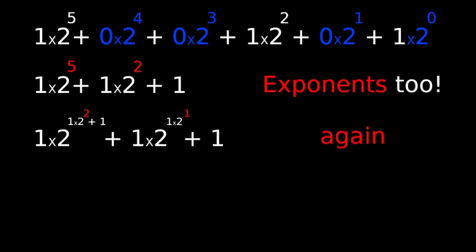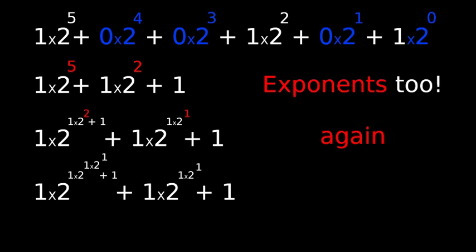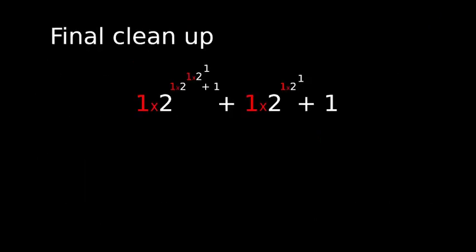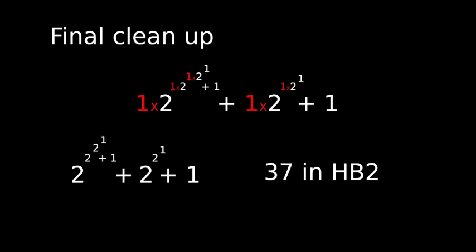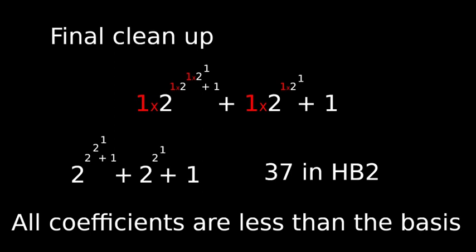And we keep doing this until all coefficients that appear are smaller than the bases. Now, we're almost there. Just do a final cleanup and remove once again the parts that don't matter, and this is 37 in hereditary base 2, or HB2 in short. The idea is just to expand all coefficients, exponents included, until they are all less than the bases.